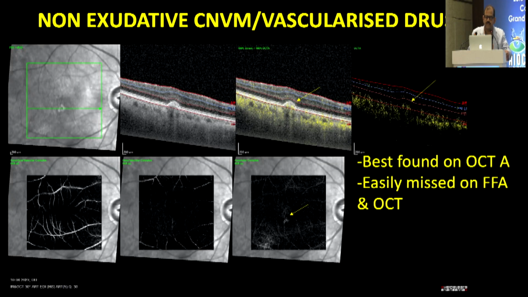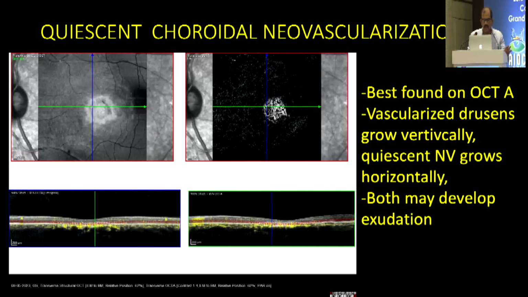In non-exudative CNVM, this is an example of a vascularized drusen, where you can have flow within the drusen, and this can only be detected on OCT angiography. It is missed on fluorescein angiography and OCT. Another scenario of non-exudative choroidal neovascularization is quiescent choroidal neovascularization, which is also found on OCT angiography.